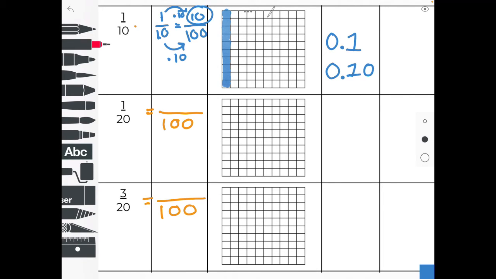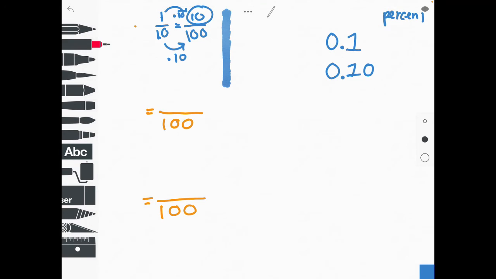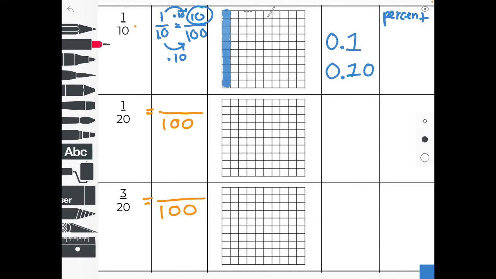So we can write this decimal two ways. And then finally, our percent just means out of 100. So whatever you have over 100, that's your percent. It's 10%.